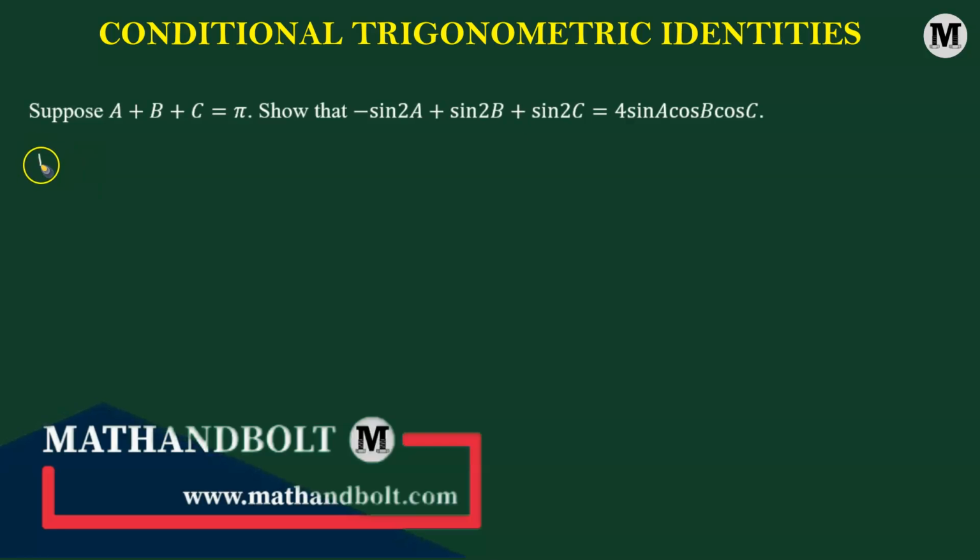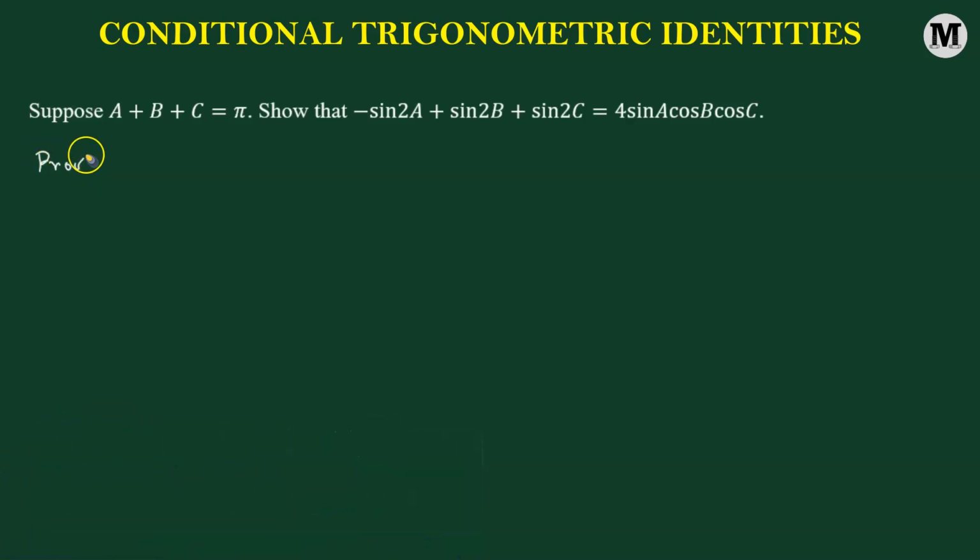Okay, let us begin. So here we'll start our proof from the left hand side. On the left hand side we have negative sine 2A, and to it I am adding sine of 2B and sine of 2C.